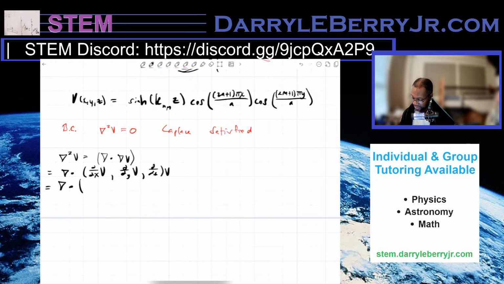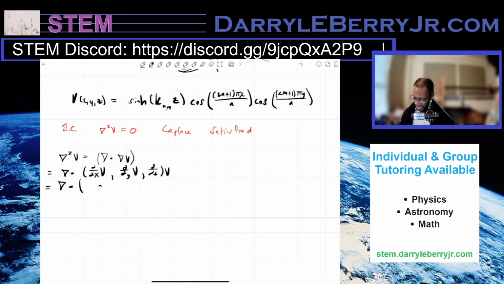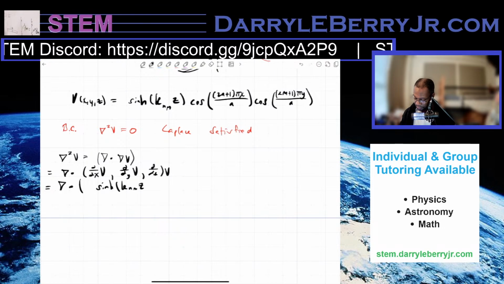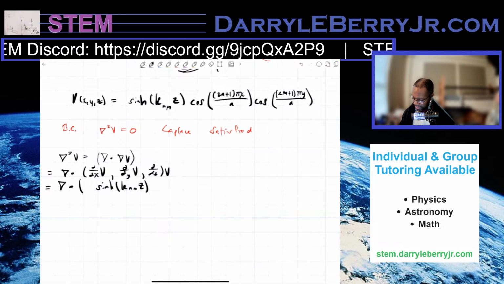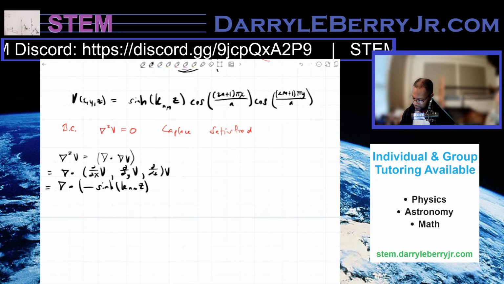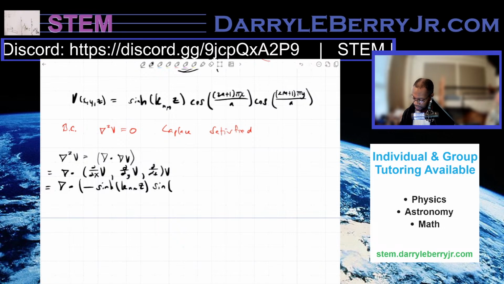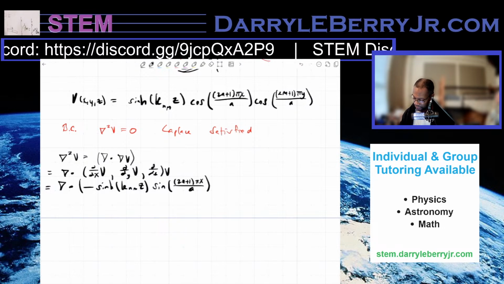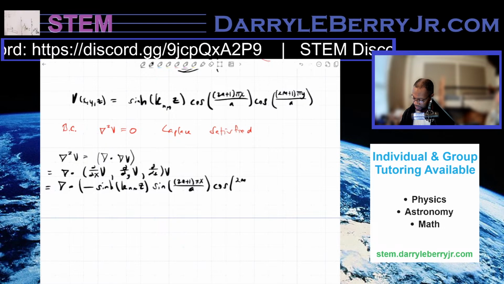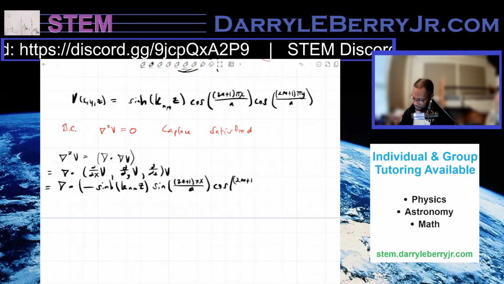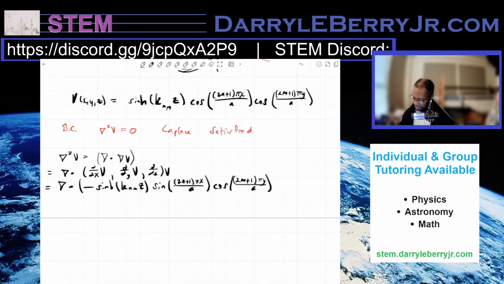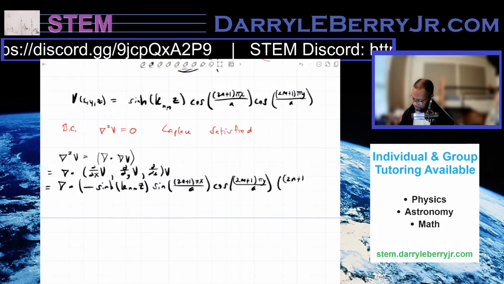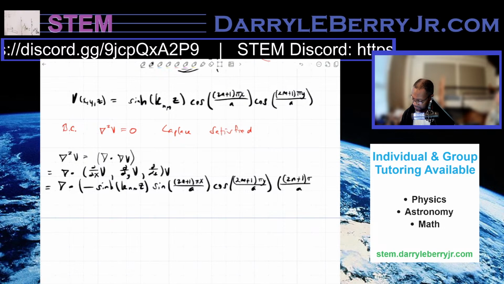If I take a derivative with respect to x, hyperbolic sine stays the same, and we have negative sine of (2n plus 1) pi x over a, cosine of (2m plus 1) pi y over a, and then times (2n plus 1) pi over a.